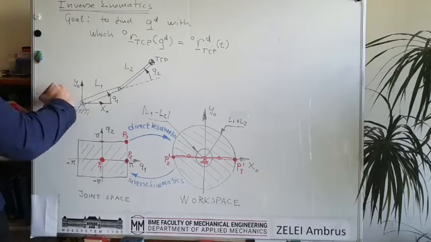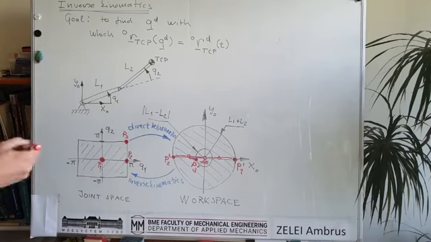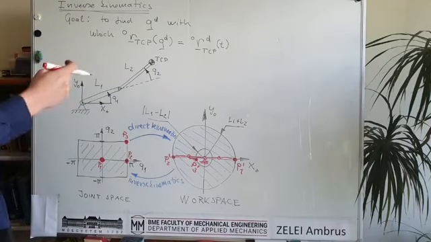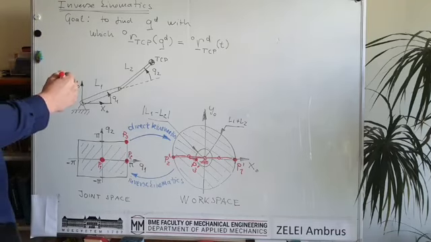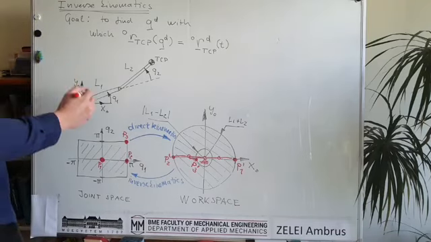So the first bar is here and the second bar is bent. So this will be corresponding to point P3, and some other points, for example P4, we didn't consider this case.